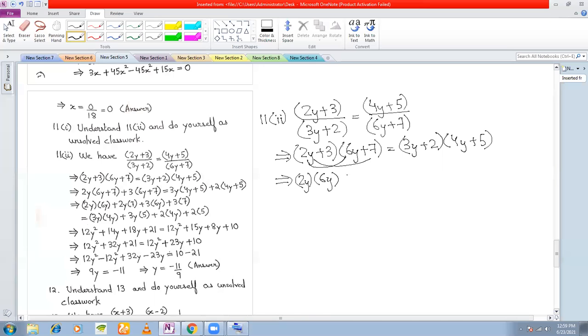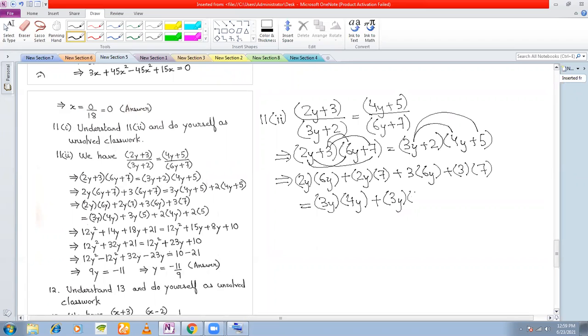Then 2y into 7, so plus 2y into 7, and then these two plus 3 into 6y, and then these two plus 3 into 7 is equal to, now you do the same on the right hand side, 3y into 4y, and then 3y into 5, then 2 and 4y, and then 2 and 5.